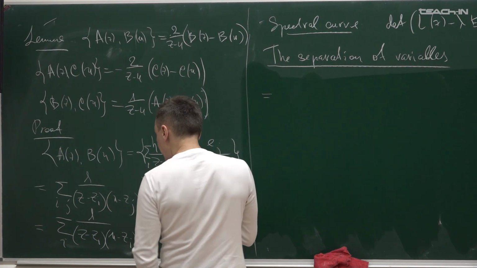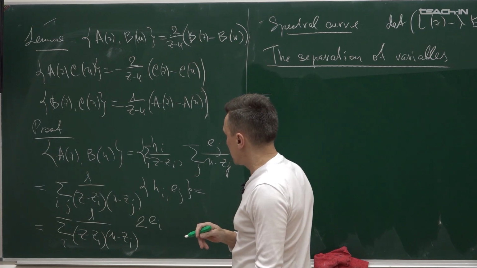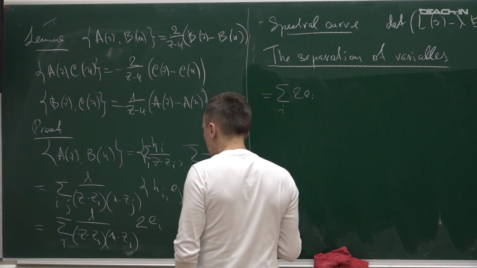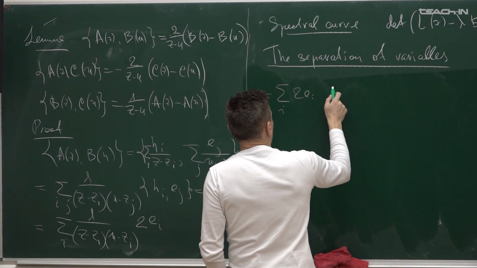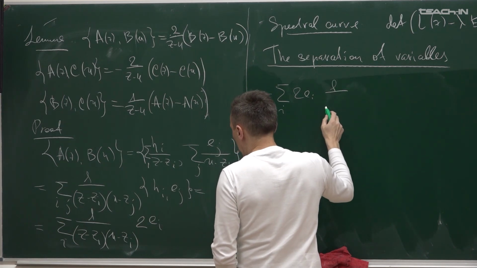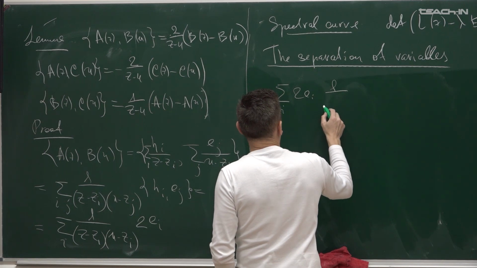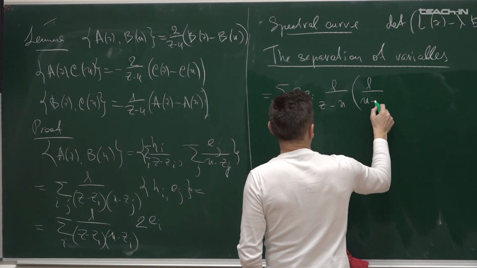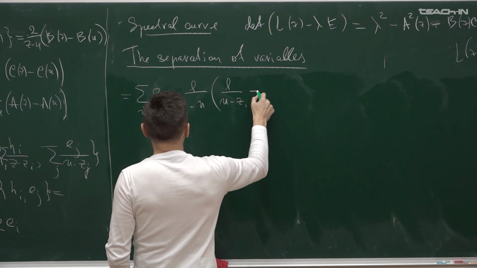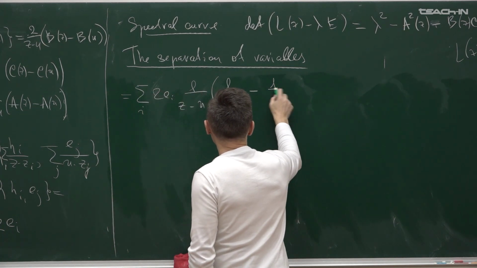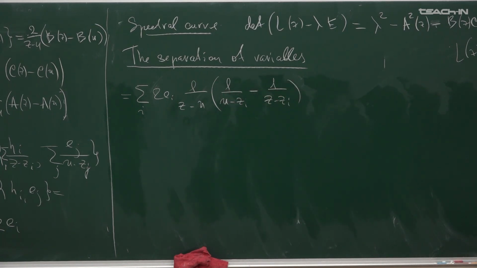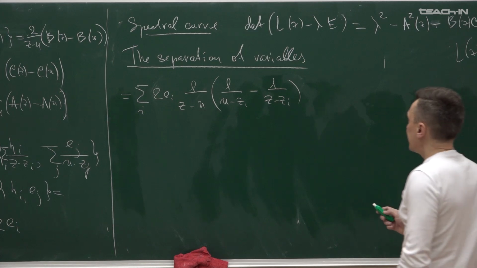So it is equal to the sum over i of 2 e_i times 1 over (z minus u), and here it will be 1 over (u minus z_i) minus 1 over (z minus z_i). Do you agree? Okay.